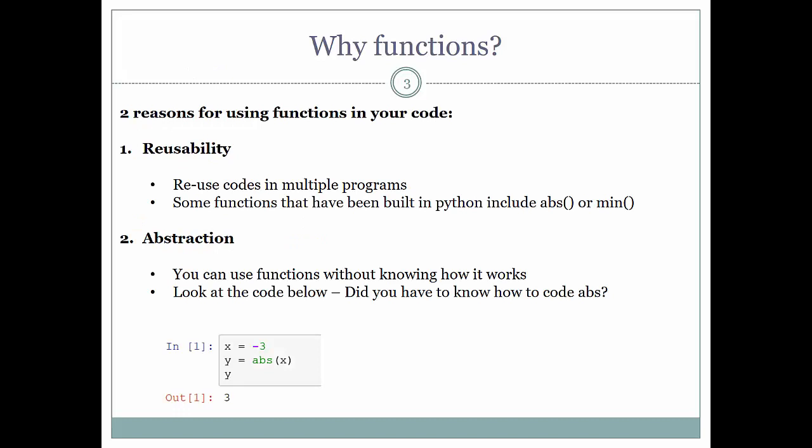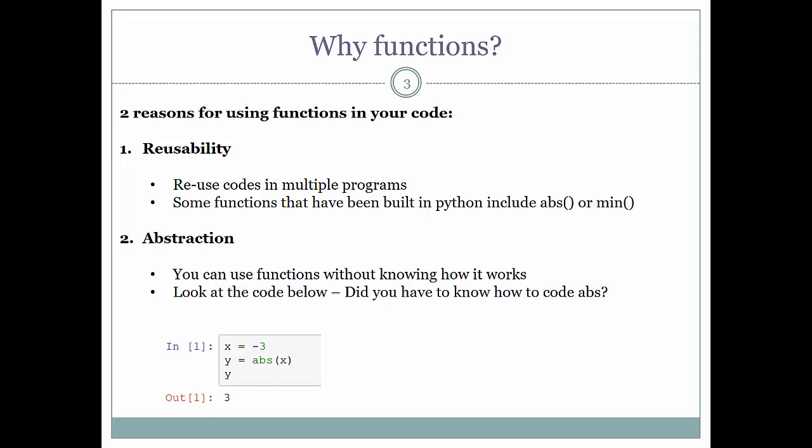So what are some reasons that we use functions in your code? The first reason is because we can reuse certain portions of code which we know already work. In Python itself, there are some functions that are built in, such as, for example, ABS, where we are trying to find the absolute value of a figure.